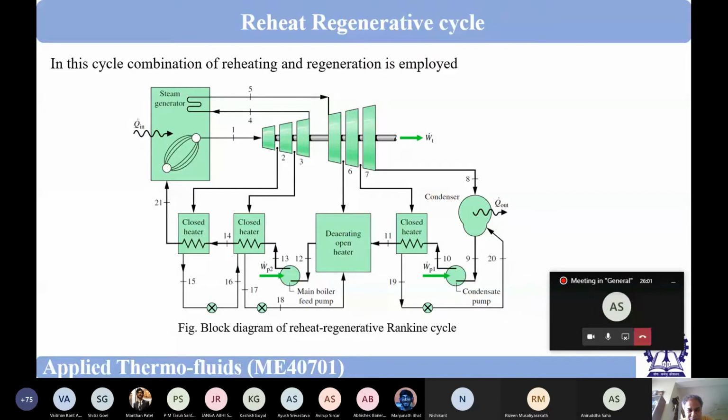But the deaerator is very, very important. In all power plants, big, small, whatever it may be, there is at least one deaerator. Generally one deaerator is there. There is only one exception, where one takes care of it in a different way: whatever permanent or non-condensable gas comes out of the deaerator goes to the atmosphere.